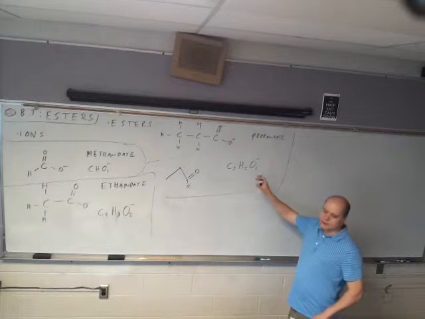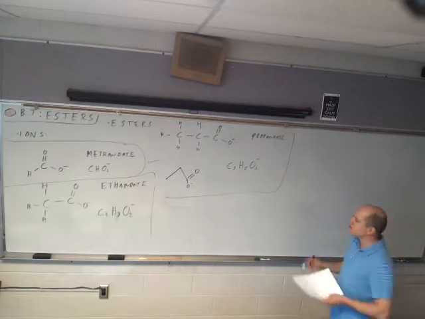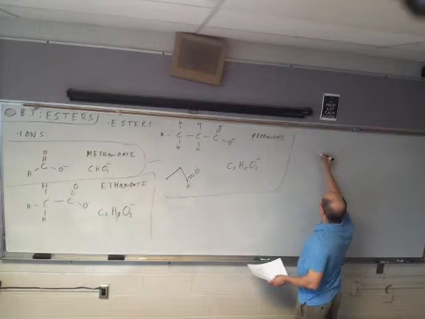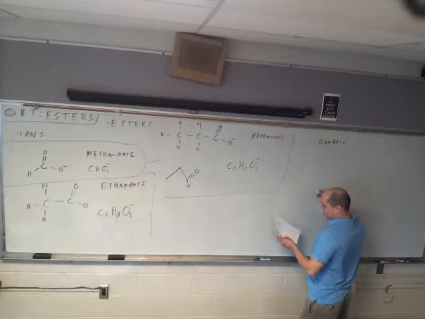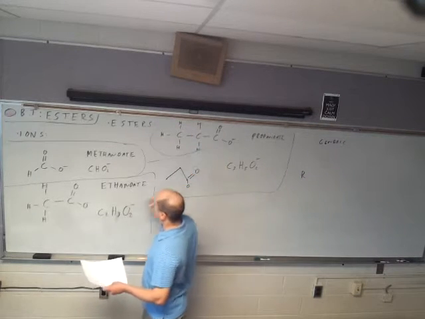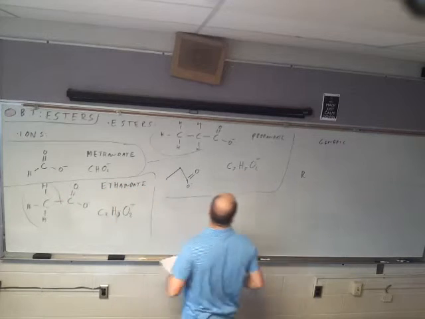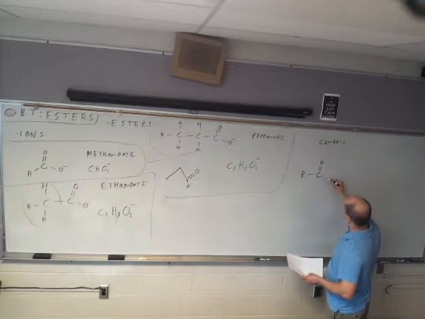So for esters, we're going to have one of these ions as part of the ester. An ester is going to look like this. This is like the generic version. You'll have an R group, just some carbons, attached to a carbon, an oxygen, and an oxygen.